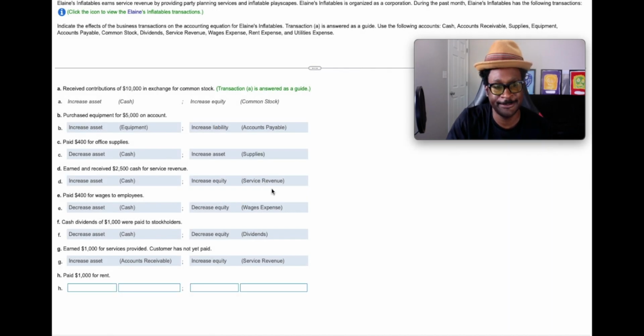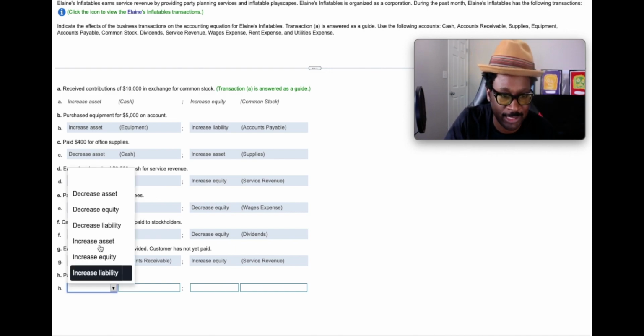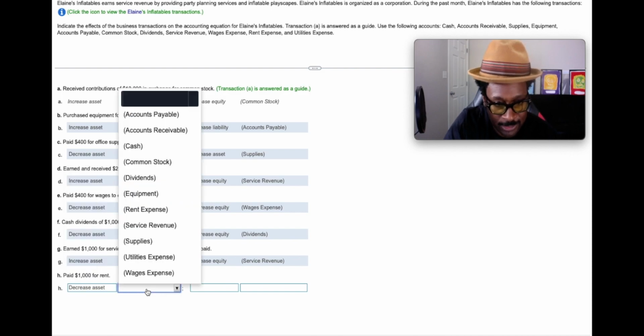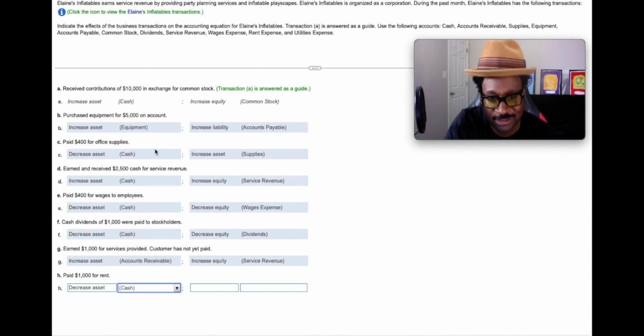Good job, gang. Last but not least, I don't know if this is the last one, but we're getting close. Paid $1,000 for rent. Very easy. Keywords, only two we need. Paid rent. Again, anytime we see the word paid and a company has paid, we know cash is going down, decreasing our assets. So that's easy, straightforward. What about rent?